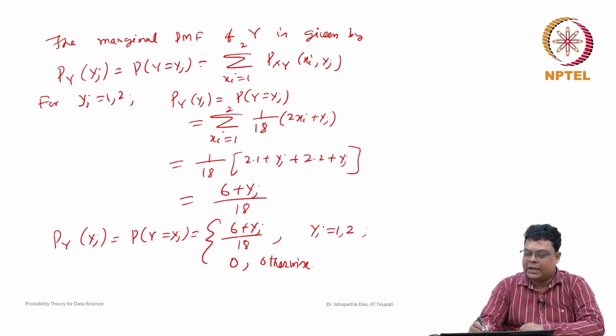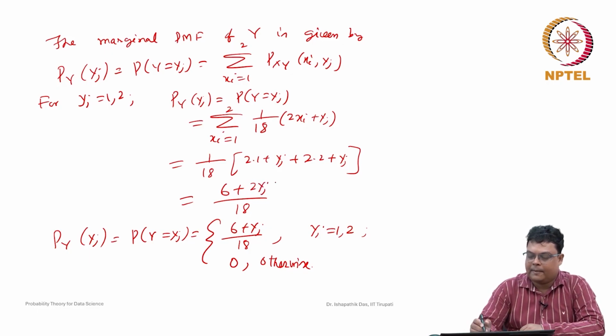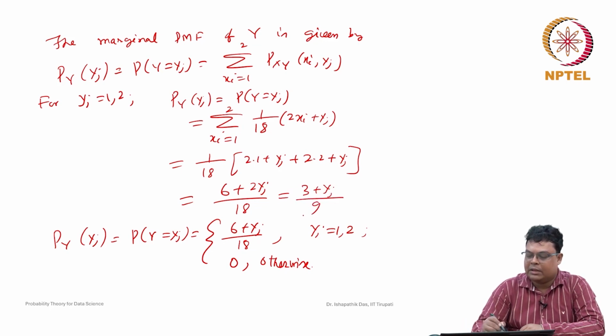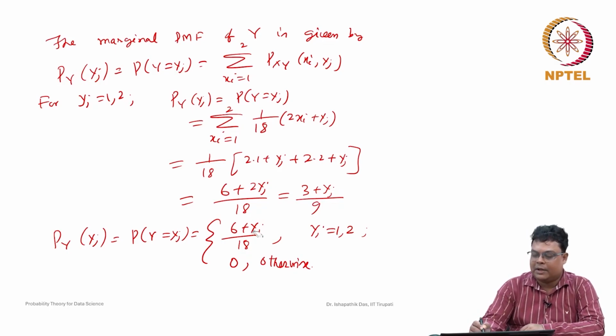So now you can check: yj equal to 1, then 6 plus 1 is 7, and yj equal to 2, 6 plus 2 is 8. Oh, sorry, this is 2 yj. So then we can simplify it: 3 plus yj by 9.